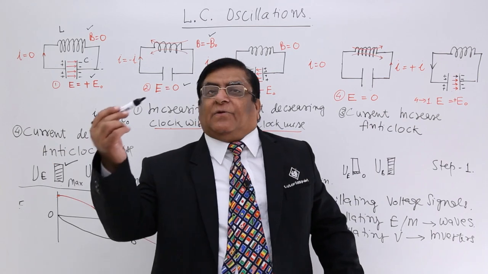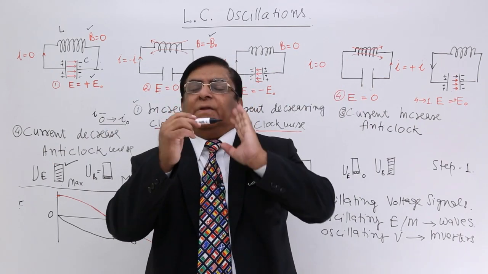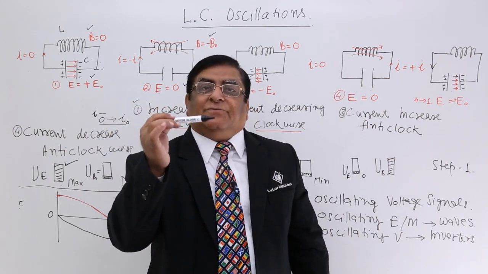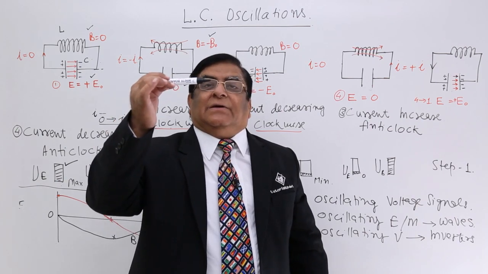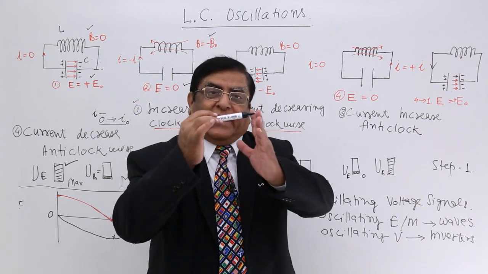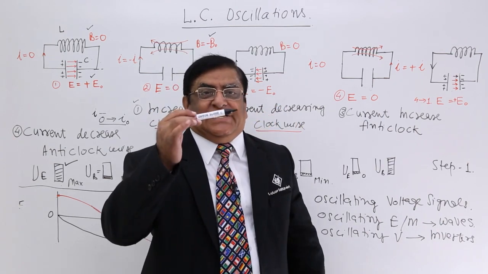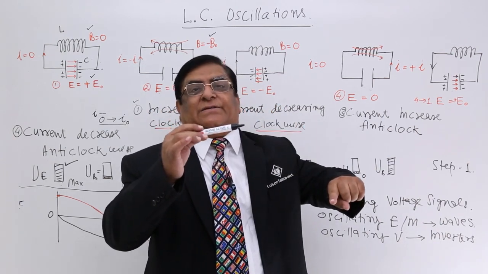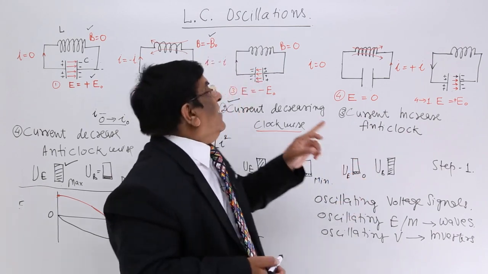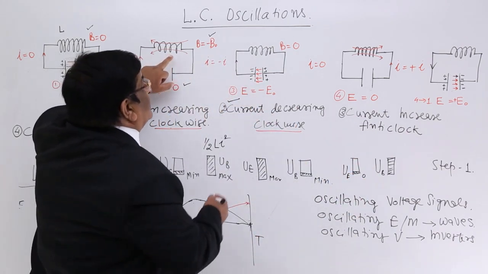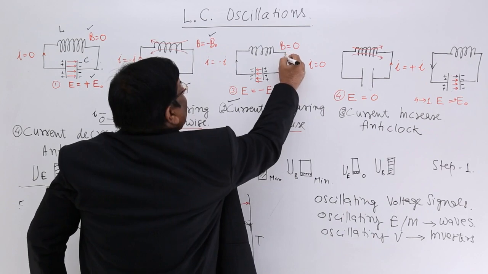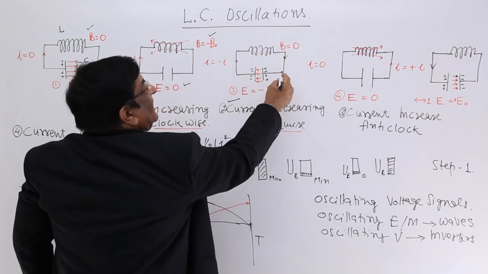If the current comes from here, it blocks it. Okay, now the current which had grown to the maximum starts falling down. When the current falls down, what does the inductor do? It does not want that change and it supports the current. When it supports the current, it uses all its energy to push the current in this direction. Push the current here.